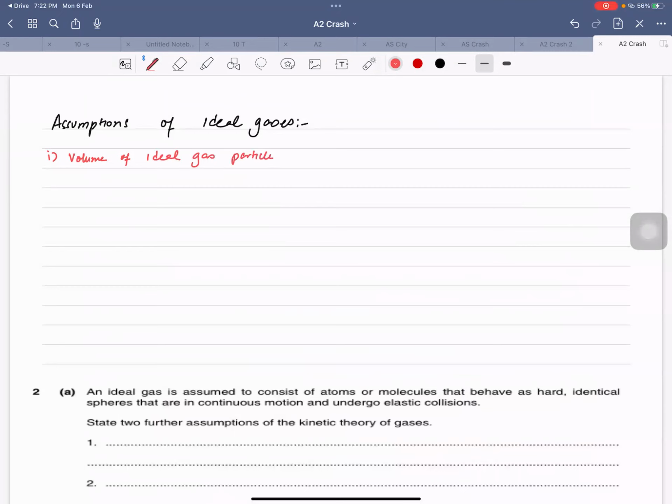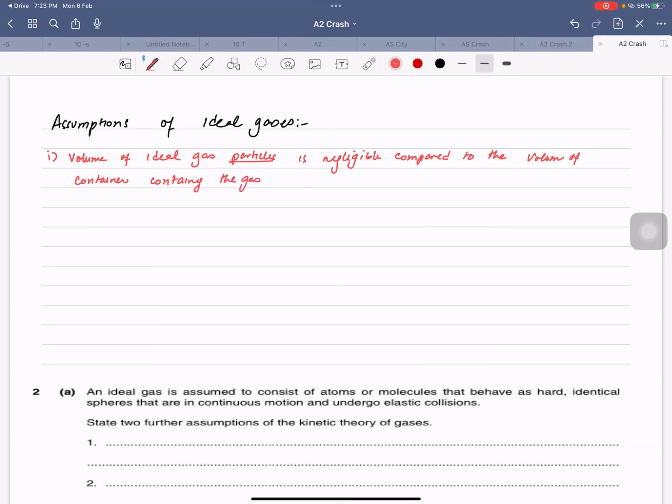Do not write ideal gas, write ideal gas particles. This is a keyword: negligible compared to the volume of the container containing the gas.